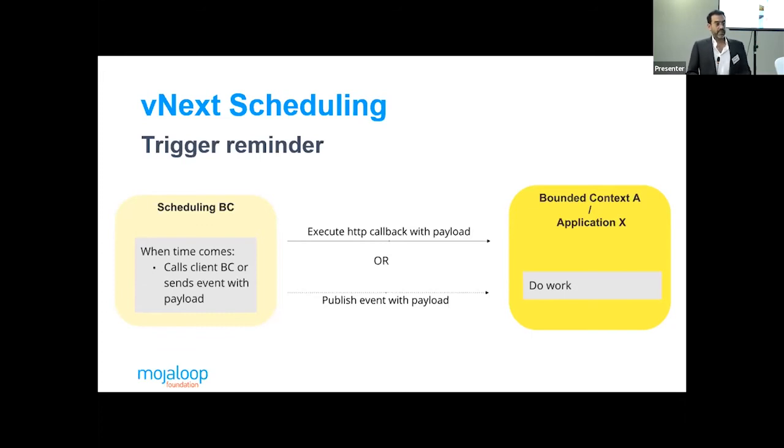All the application has to do is to know how to handle this. Because there's a payload and there are correlation IDs that can be used, when I'm requesting the reminder as an application, I can send an ID of something. I can say, this is a reminder for my daily settlement execution, which means that the only thing I need to do to make sure that this is happening on time is to listen to a certain event.